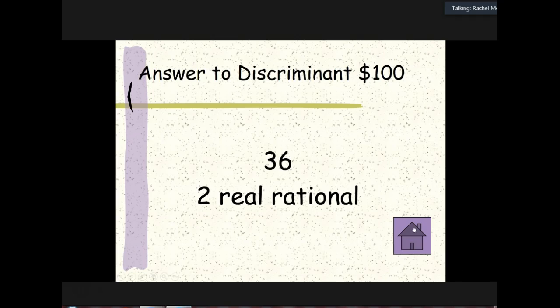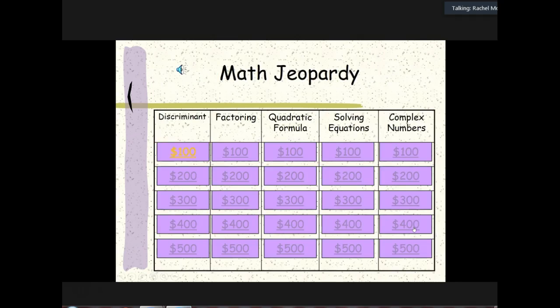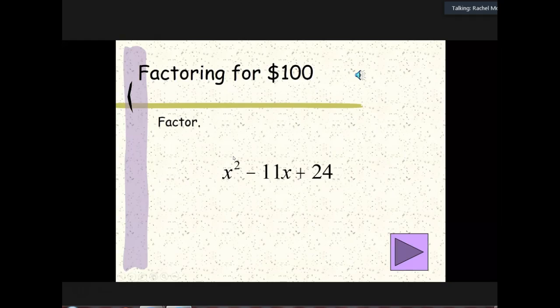Alright. So category and points, Enzo. Anything but the yellow ones. Alright. Factoring for 100. That is correct. Sometimes the glare gets me.